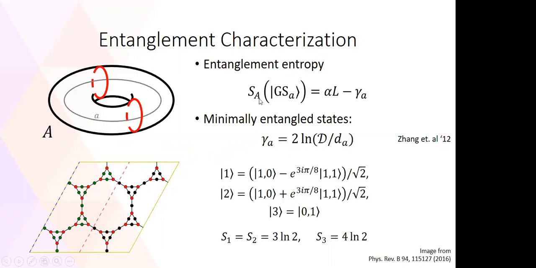Because the system is gapped, we expect the entanglement entropy to have an area law, some constant alpha times L, the length of the cuts. The alpha coefficient is non-universal, but the entanglement entropy also has a shift by a constant gamma that is universal.